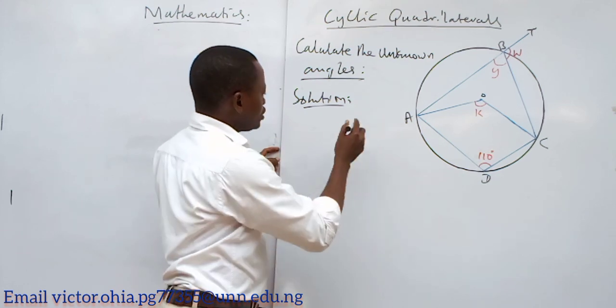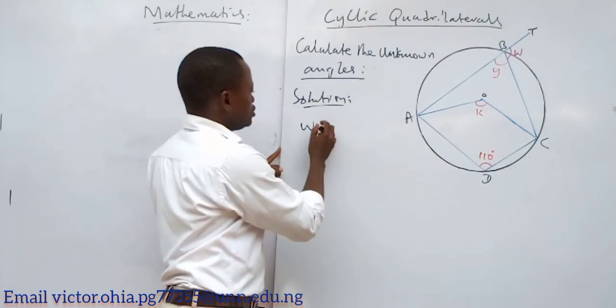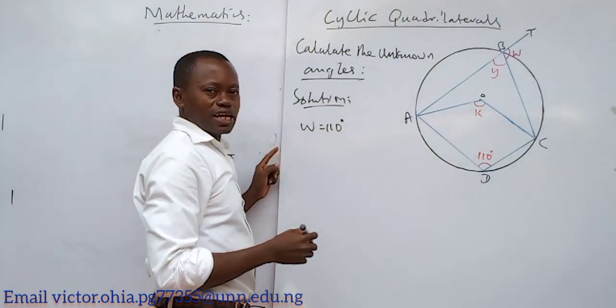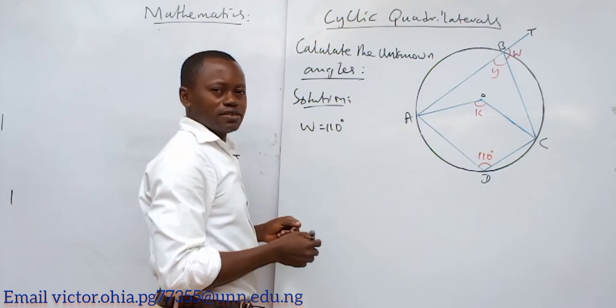So if I say now that W is equal to 110 degrees, that's the answer. But I just need to back it up and say why it is so.